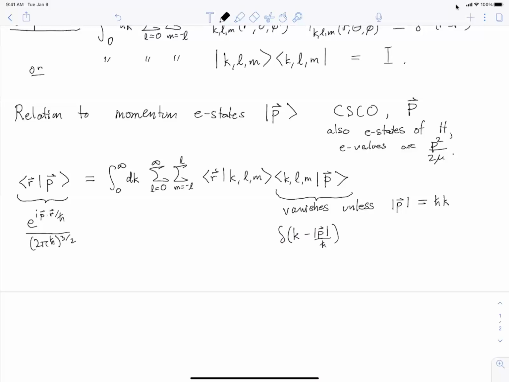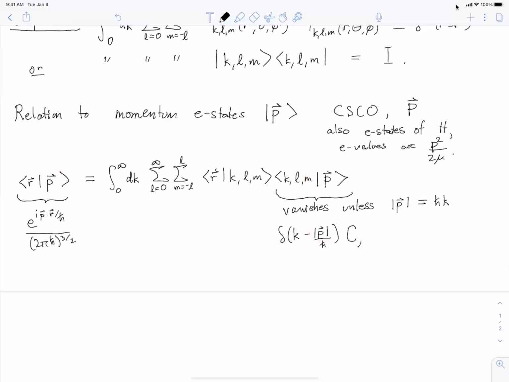And what could the something be? Well, the something depends on L. It depends on M. We've already got the dependence on the magnitude of P, so the only other thing it can depend on is the angles of the vector P that appeared on the left-hand side. So let me just write down a completely general function of all of those quantities. I'm going to call it C because I'm thinking of it as a coefficient.